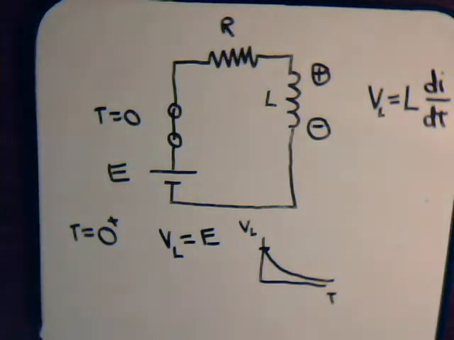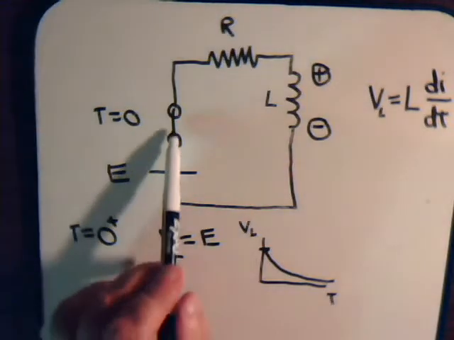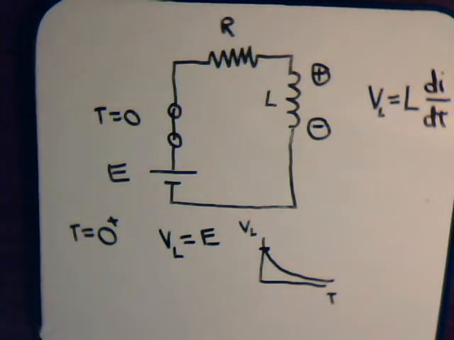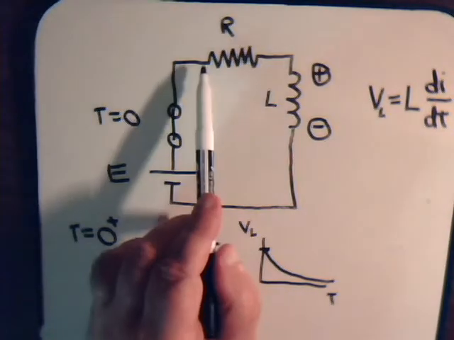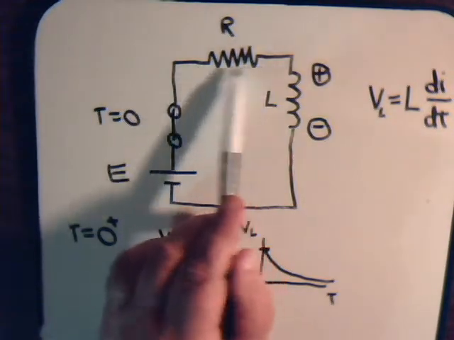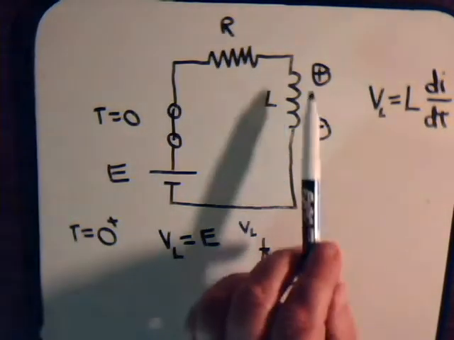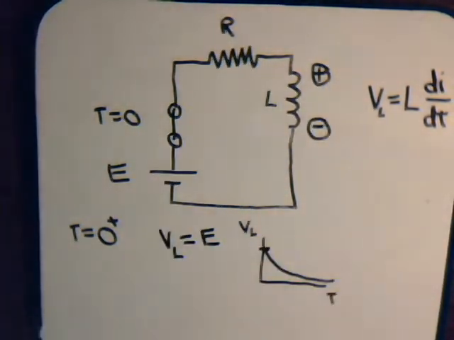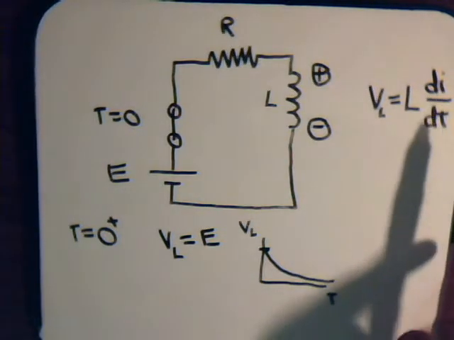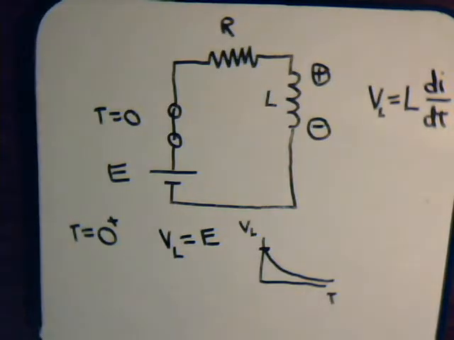The reason it can exist to begin with is that when we close the switch, you can imagine just a small trickle of current coming through here, so small that the voltage drop across the resistor is negligible. The magnitude of this induced voltage doesn't depend upon the magnitude of the current. It depends upon the instantaneous rate of change of the current.